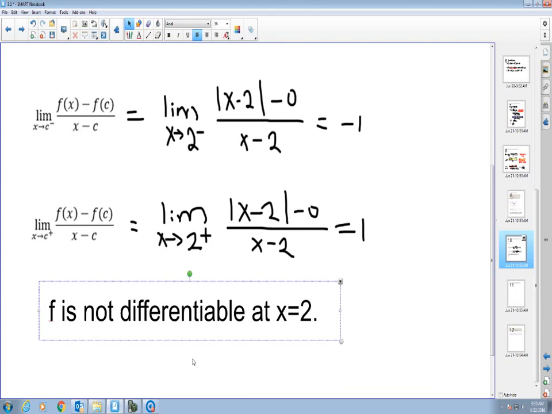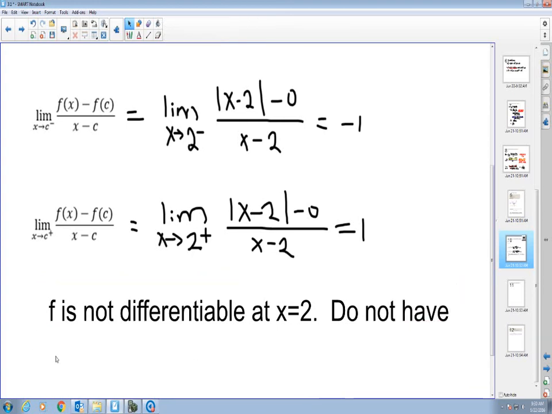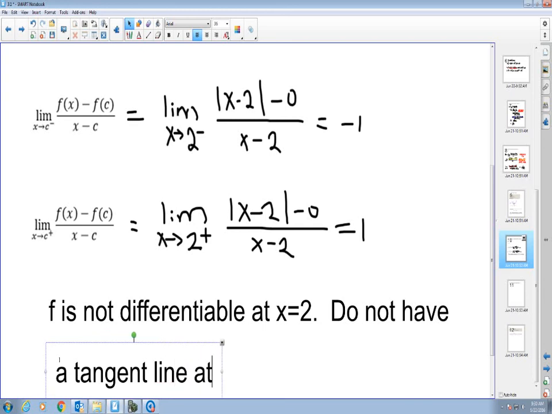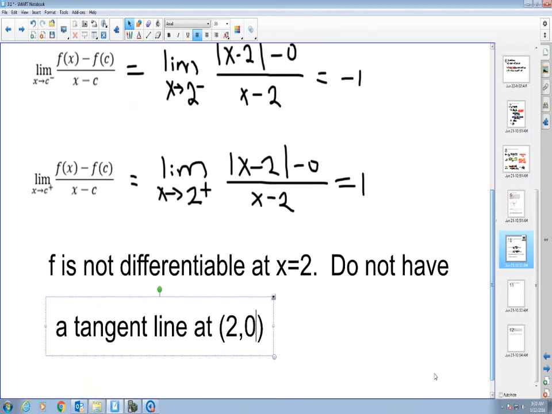What I mean is I do not have a tangent line at this point 2, 0. I do not have a tangent line at that particular point.